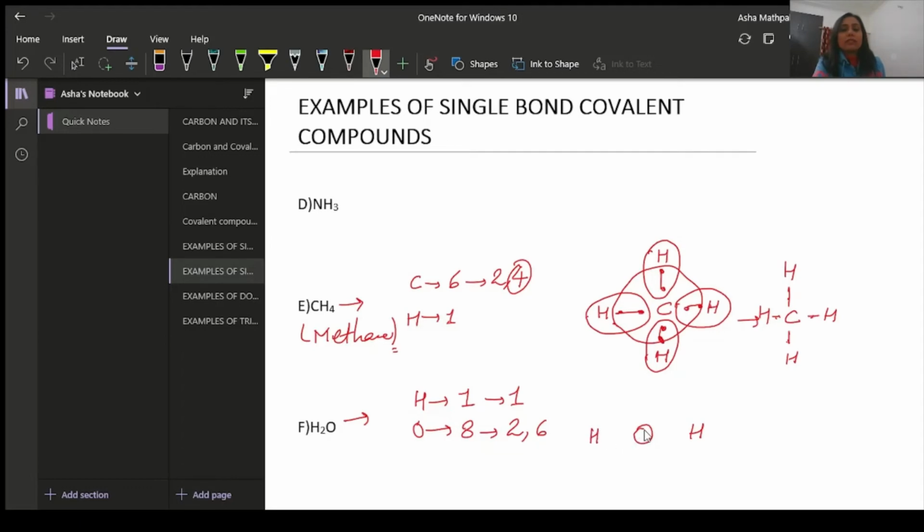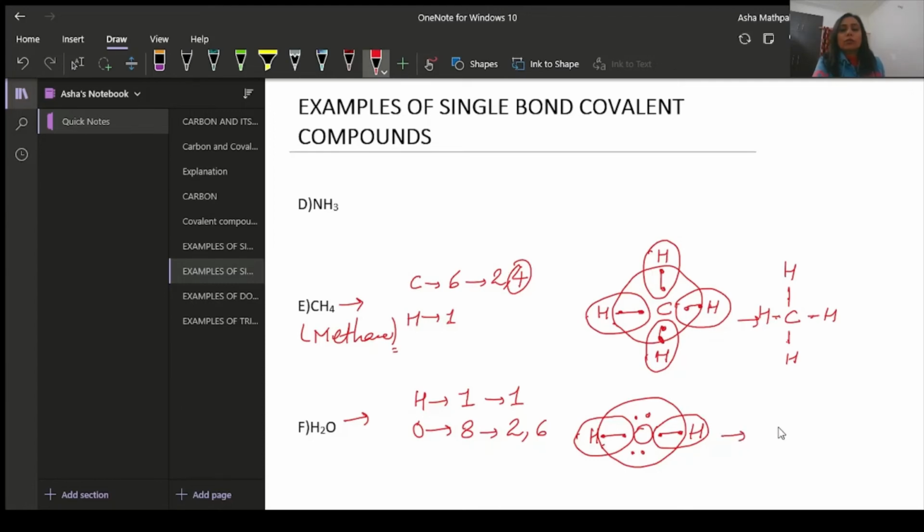Now draw the valence electrons for the oxygen, 1, 2, 3, 4, 5 and 6. This hydrogen has 1 valence electron, this hydrogen will take this from this side 1, this will take from this side 1. Now this oxygen will take 1 from here, 1 from this hydrogen, and it will complete its stable electronic configuration. So again we are seeing single bond formation.